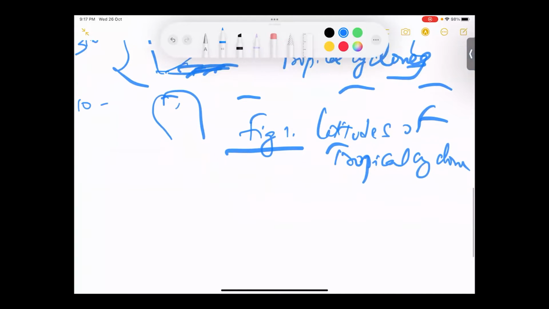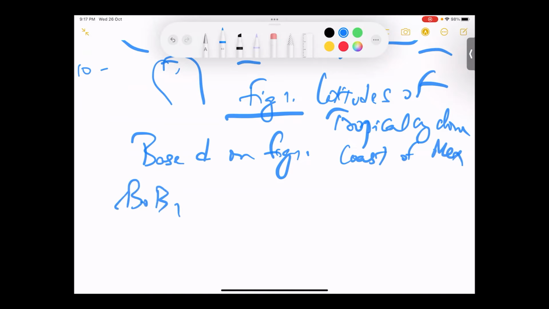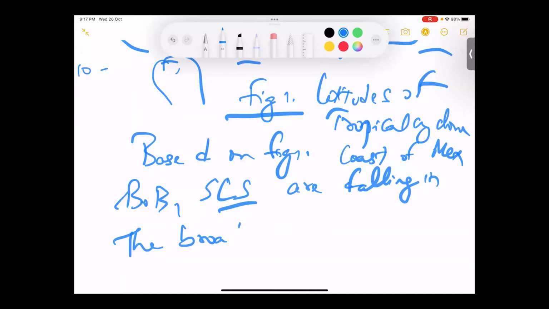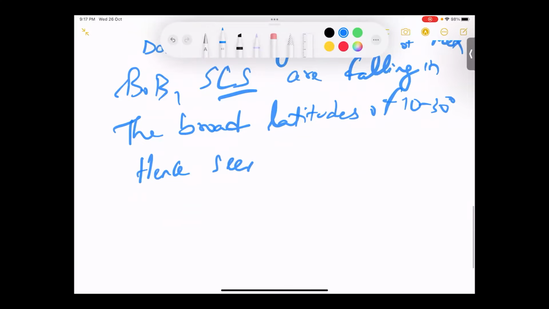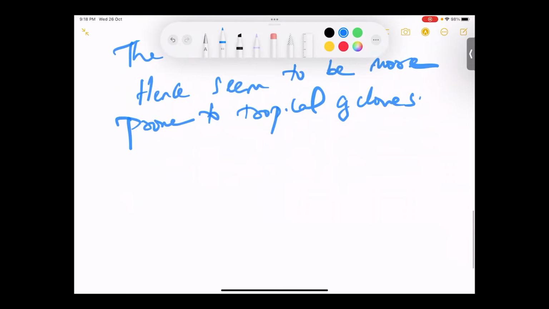Then you can say, based on Figure 1, that the coast of Mexico, Bay of Bengal, and South China Sea fall in the broad latitudes of 10 to 30 degrees, hence seem to be more prone to tropical cyclones.